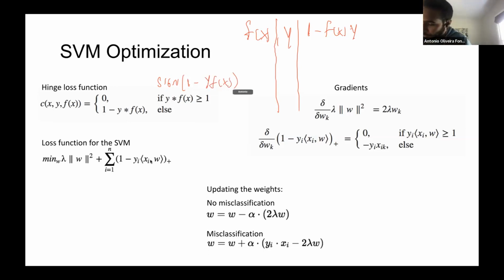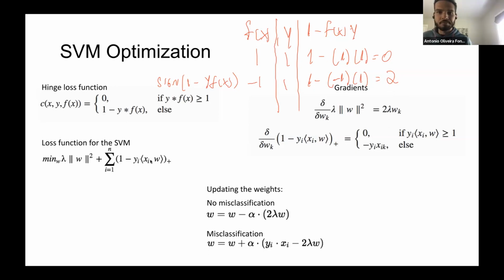If, for example, f of x is 1 and y is equal to 1, then I have 1 minus 1 times 1, which is equal to 0. That means I have 0 misclassification. Now, if the output of my model disagrees with the true label, say the output of my model was -1 and the ground truth is 1, then I have 1 minus -1 times 1, which is going to be equal to 2.